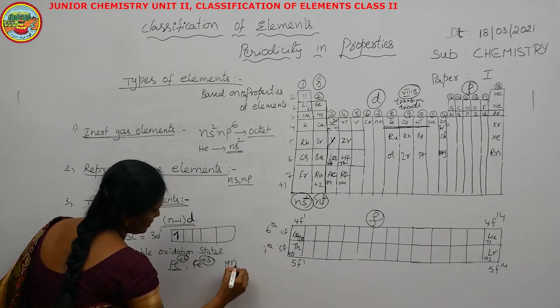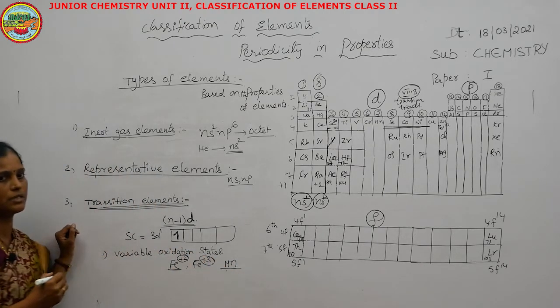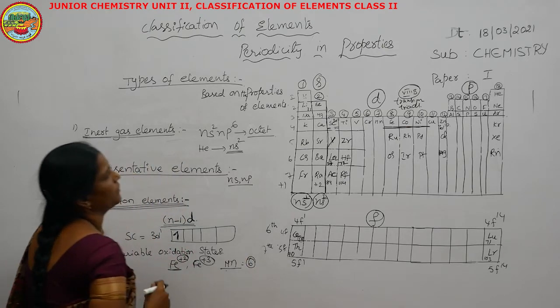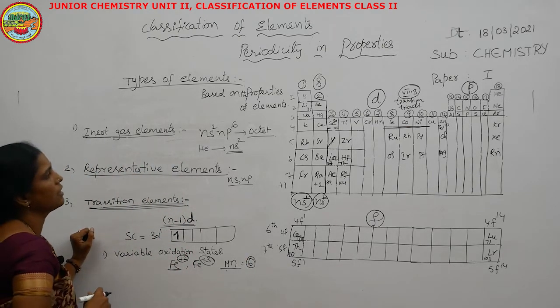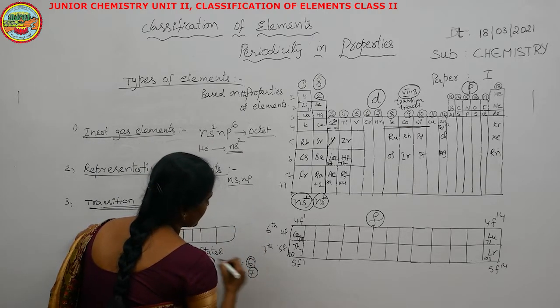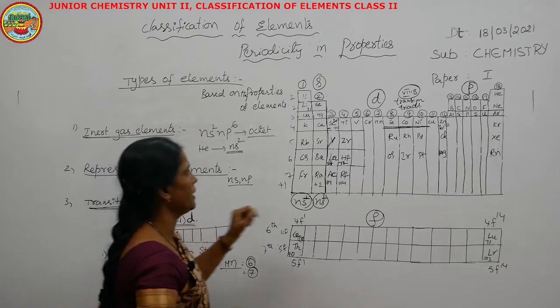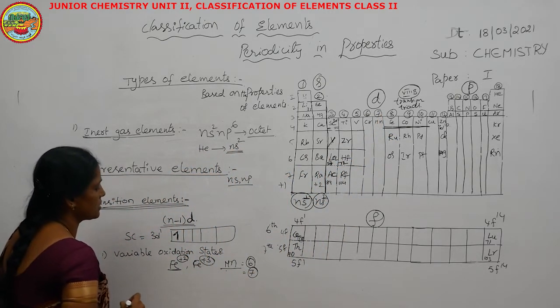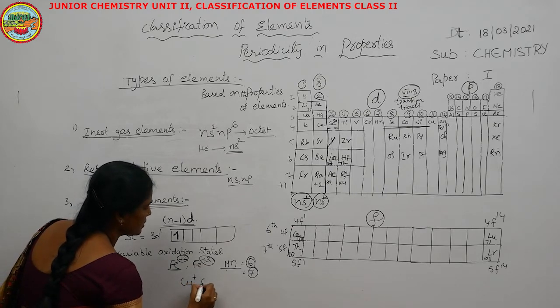Manganese exhibits most oxidation states up to +6. The group number is the maximum oxidation state. That means it also exhibits +7, Mn+7 oxidation state. Copper, Cu+2.